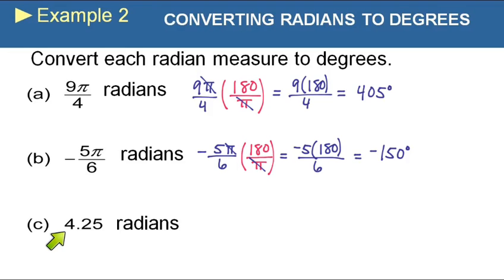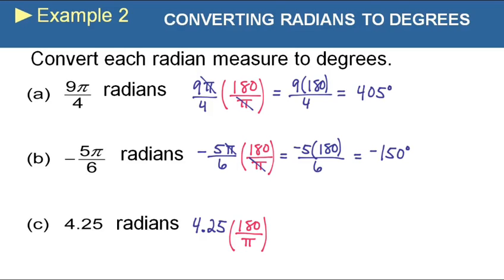And part C is decimal radians, 4.25 radians. So I would say this is already in approximate form because we know radians are usually measured in multiples of pi, and this is not, so I'm going to treat it as approximate form. We still use the same conversion factor, 180 degrees over pi radians, but this time I have no pi's to cancel, so I'm kind of forced to go into approximate form.